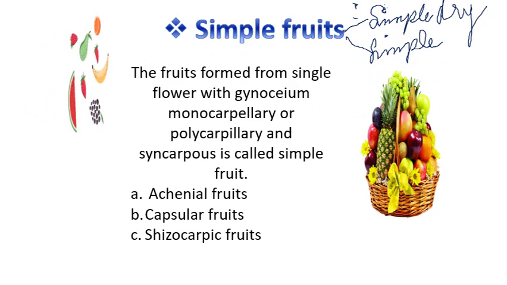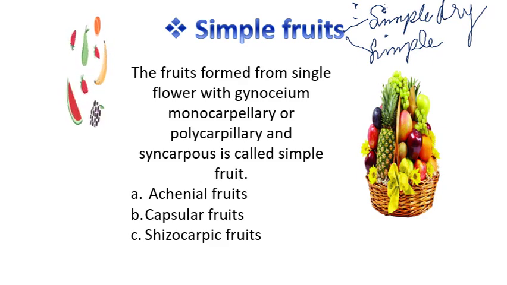So here we have the first type of fruit, that is simple fruit. According to a very simple definition, a simple fruit is one in which a single ovary develops into a fruit.